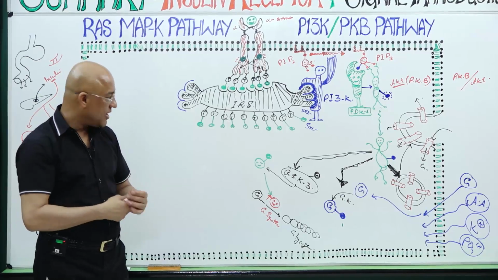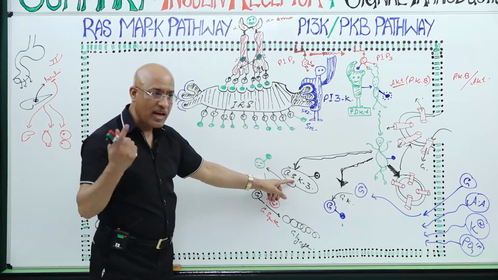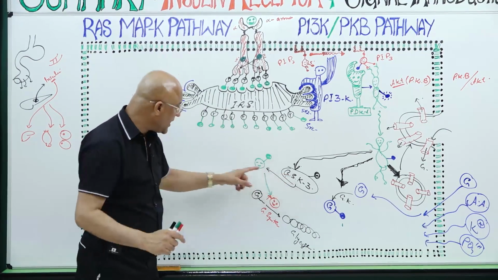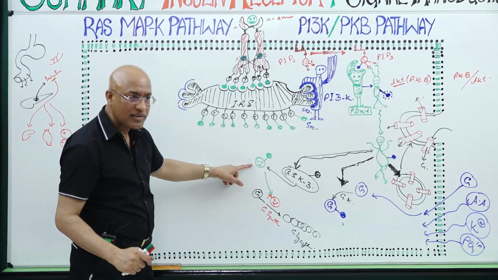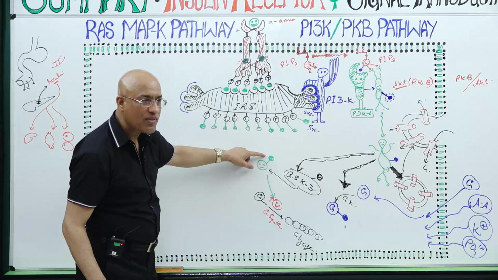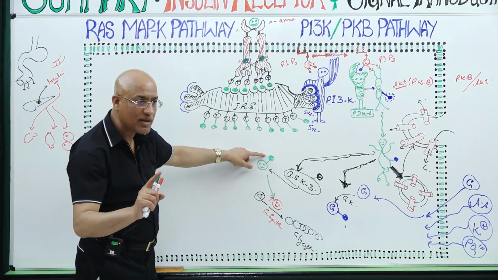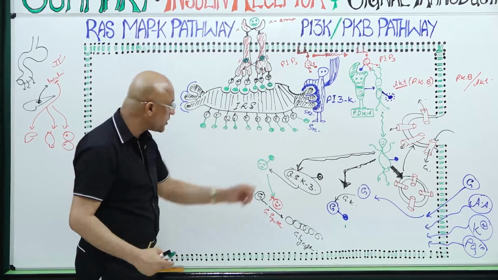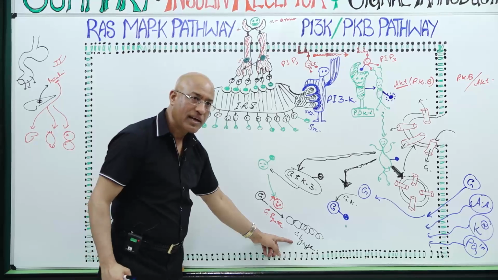If GSK3 is active, it will phosphorylate glycogen synthase. And if glycogen synthase is phosphorylated, will it be active? No, it will not be active, right? But what we want is that glucose is coming, so glucose should convert into glycogen.